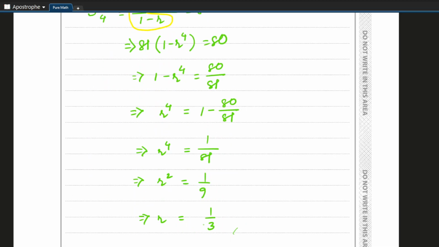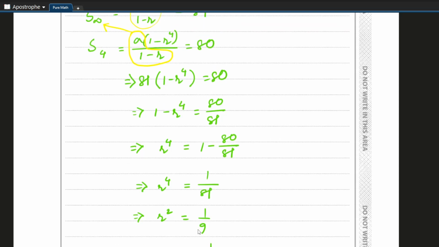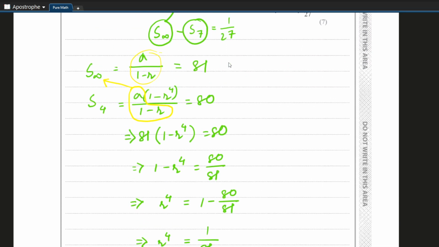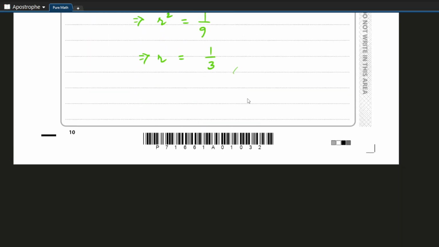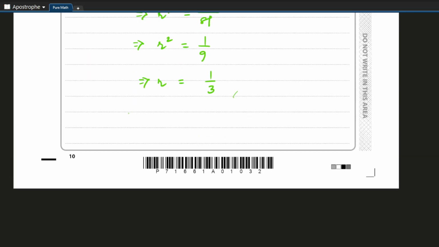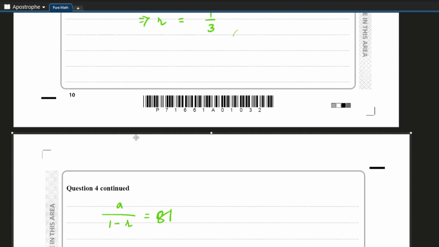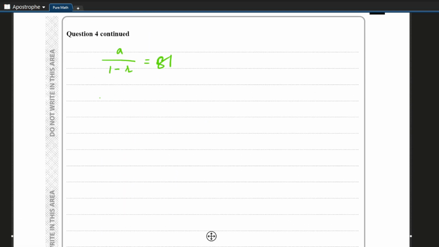So now that we have the value of r, we can use that in either of these two equations. I'm going to go with the first one. So a over 1 minus r is equal to 81. Now r is equal to 1 over 3.